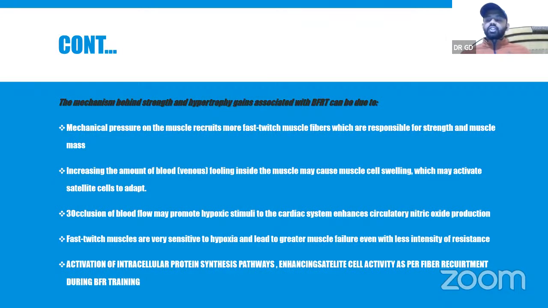In early diabetic neuropathy, definitely this is the best thing to do. Activation of intracellular protein synthesis pathways, satellite cell activity and fiber recruitment during exercise will all be enhanced by blood flow restriction training.